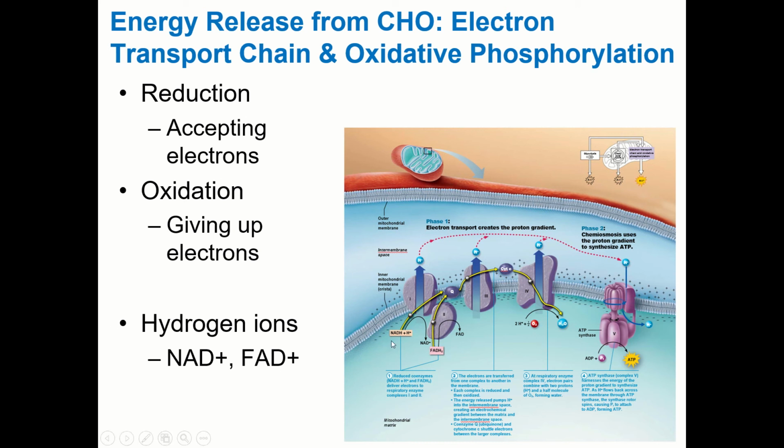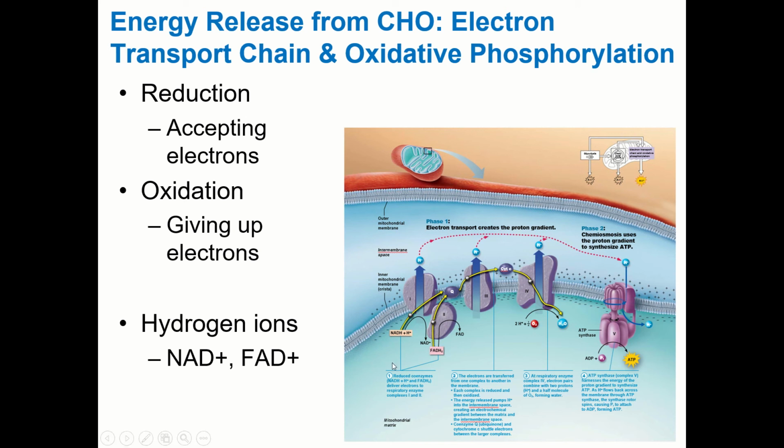So NAD gets reduced to NADH, and then it gives up those hydrogens, and so it becomes oxidized. Once it's oxidized, it can go back and pick up more hydrogens, so it can be reduced again. So that's the coupling of oxidation reduction reactions. So we can give up electrons and accept electrons, give up electrons and accept electrons.